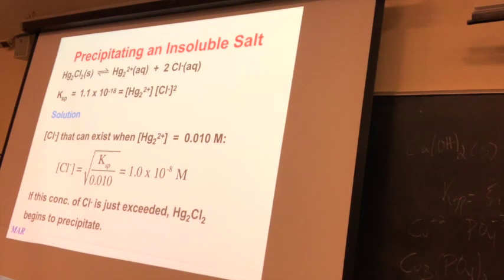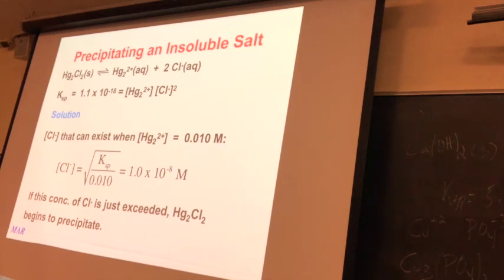So, if the concentration of the mercury is 0.010, and we place it right there, we're going to solve for chloride. And chloride squared equals KSP divided by mercury. The square root of KSP divided by mercury will give us the actual chloride. And you can see here that the concentration that comes out is 1.0 times 10 to the minus 8th moles per liter.